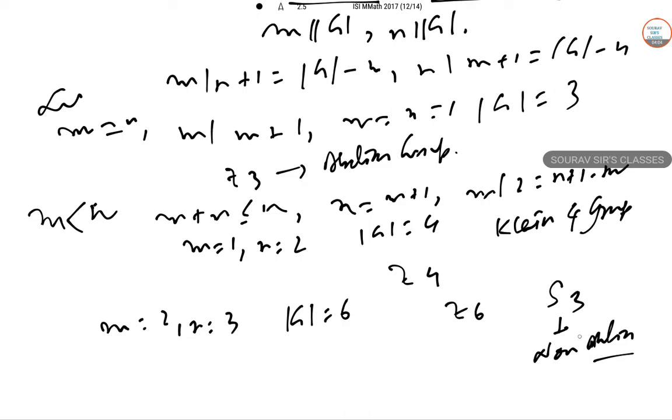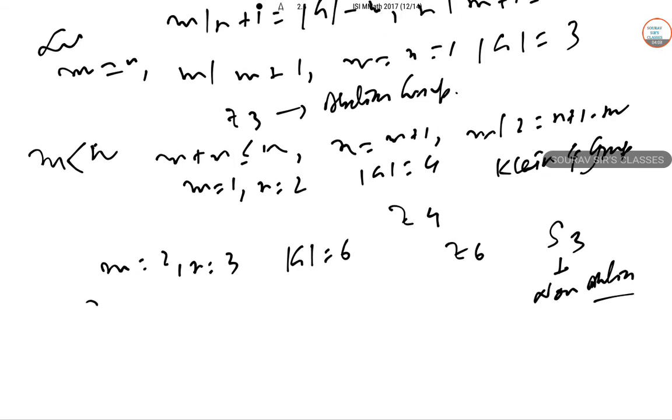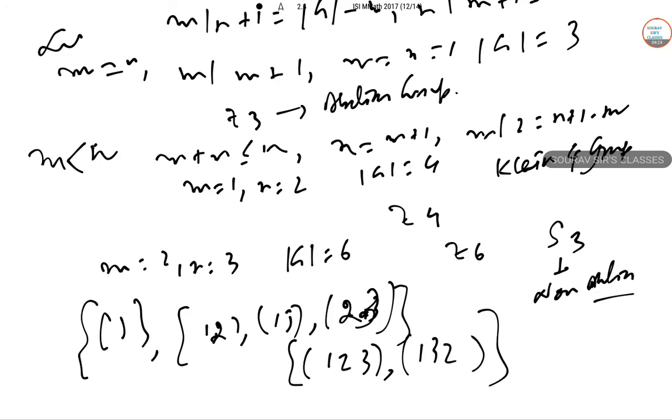We check that S3 has 3 conjugacy classes, as follows: the identity; (1 2), (1 3), (2 3); and (1 2 3), (1 3 2). So the only finite groups with 3 conjugacy classes are Z3 and S3.